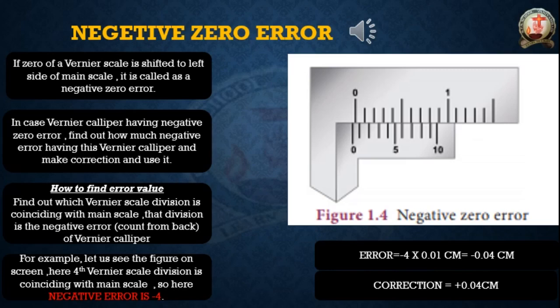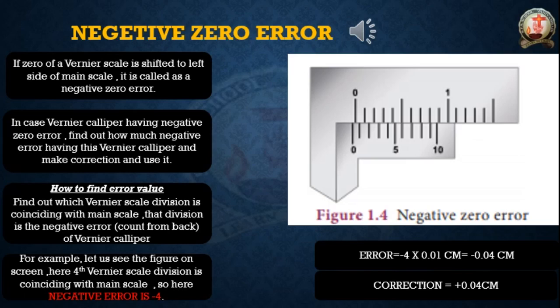So how to find the error value? Find out which vernier scale division is coinciding with the main scale. That division value is the negative error of the vernier caliper.